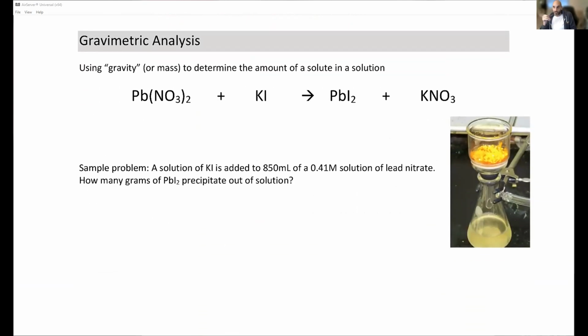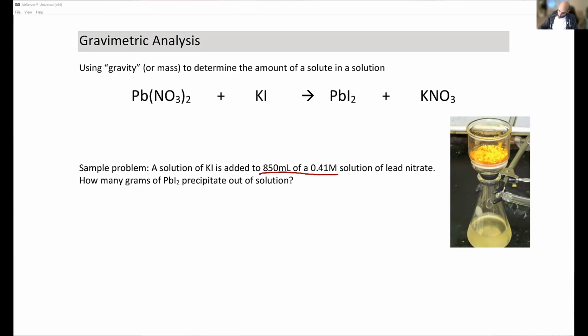And then we have gravimetric analysis. Gravimetric analysis is pretty much the same thing, but instead of starting with a mass, we are starting with a concentration. So a solution of KI is added to 850 mL of a 0.41 molar solution of lead nitrate. How many grams do we expect to precipitate out?